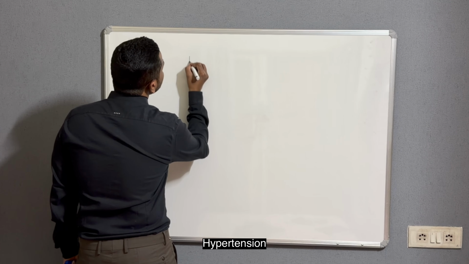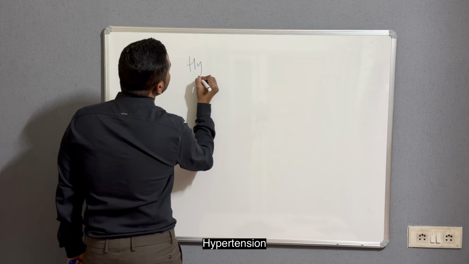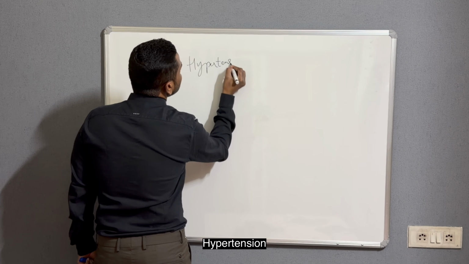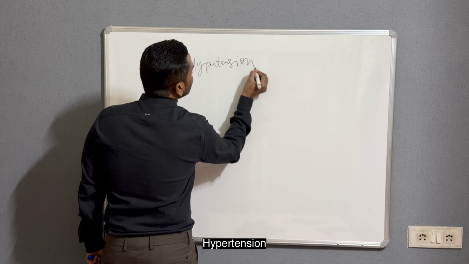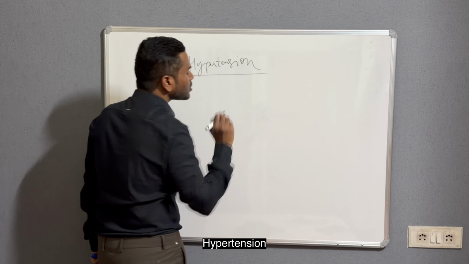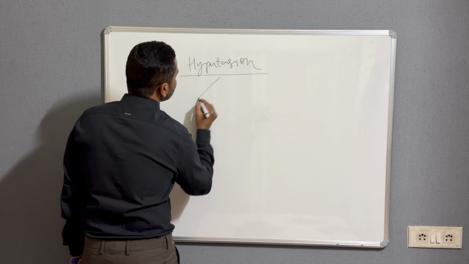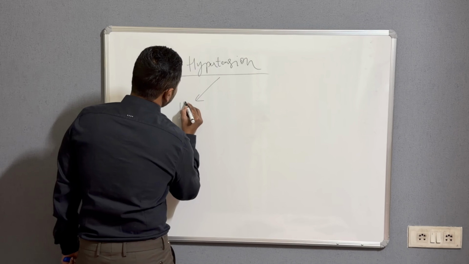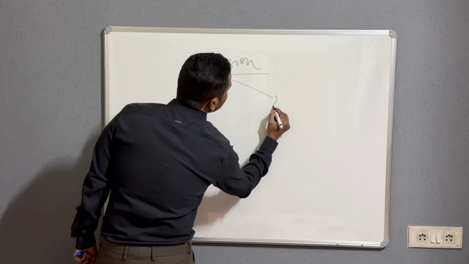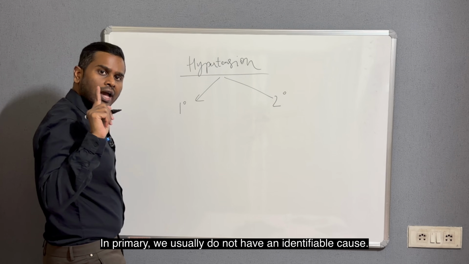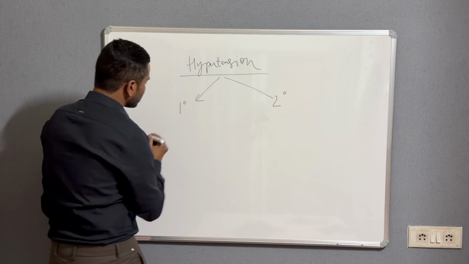So, hypertension can be primary, can be secondary. In primary, we usually do not have an identifiable cause.